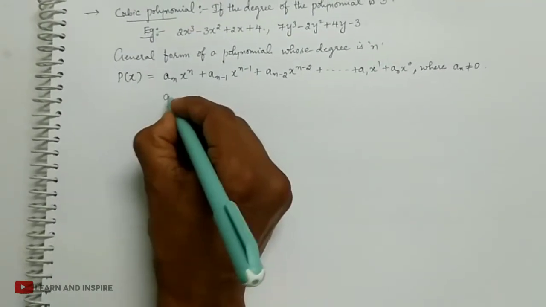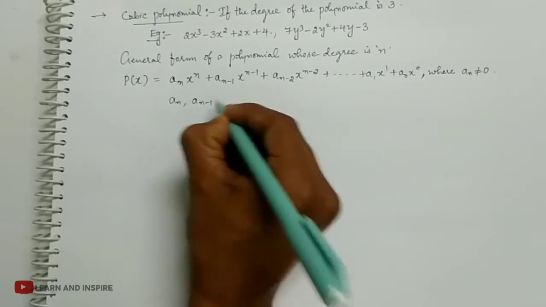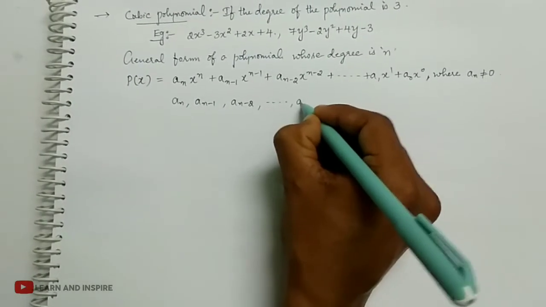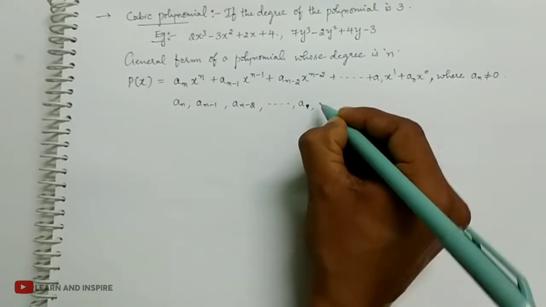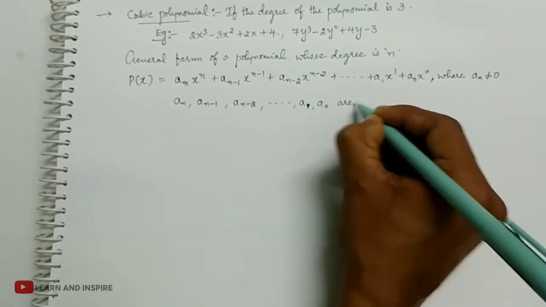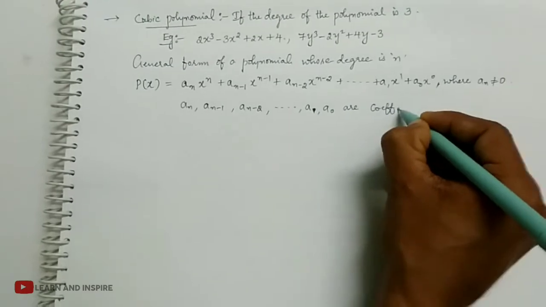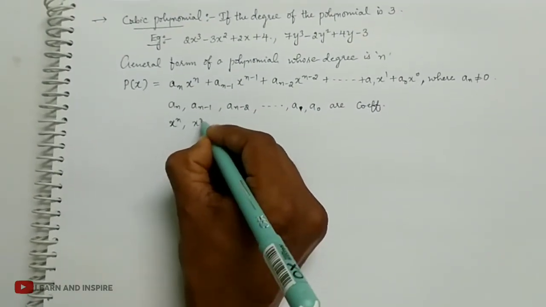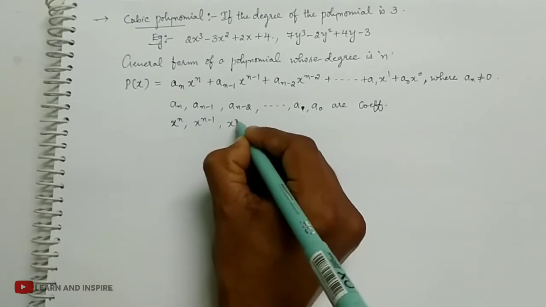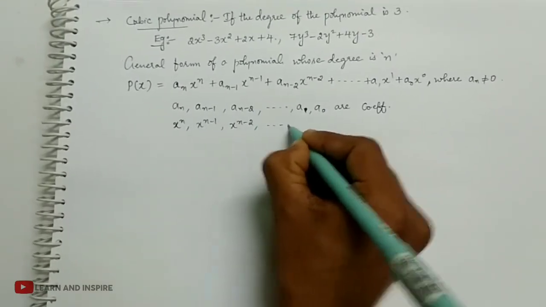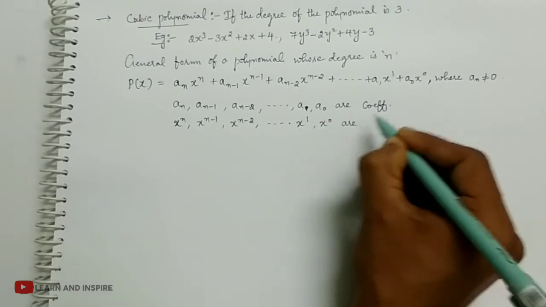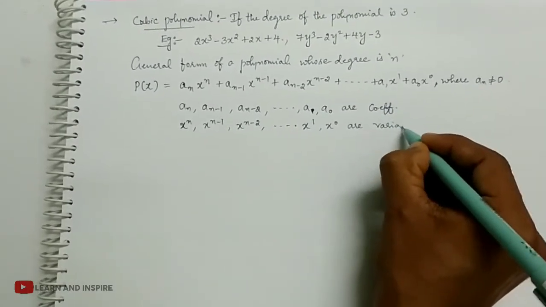Okay, an minus 1, an minus 2, so on, a1, a0 are coefficients, and x power n, x power n minus 1, x power n minus 2, so on, x power 1, x0 are variables.